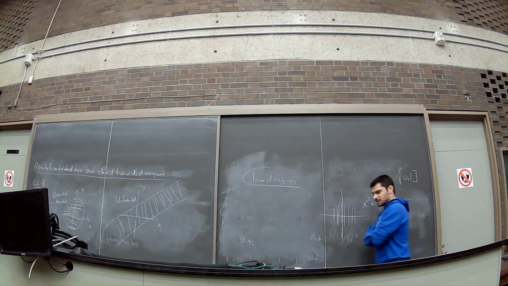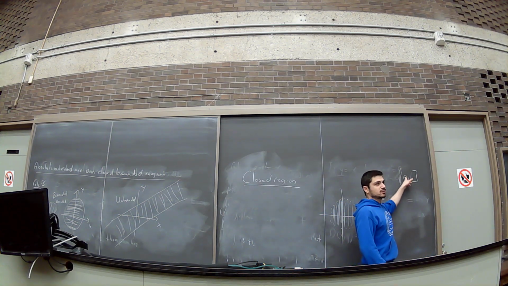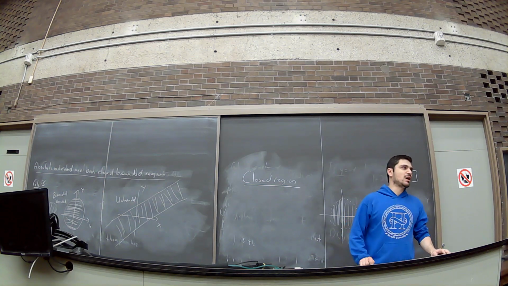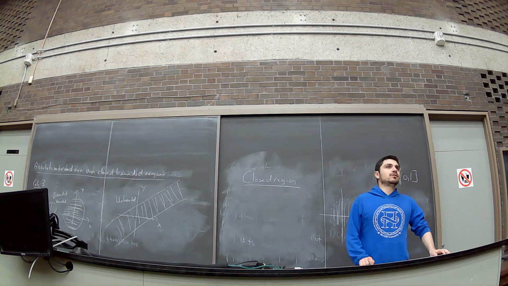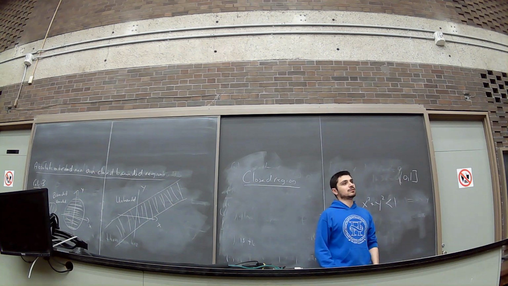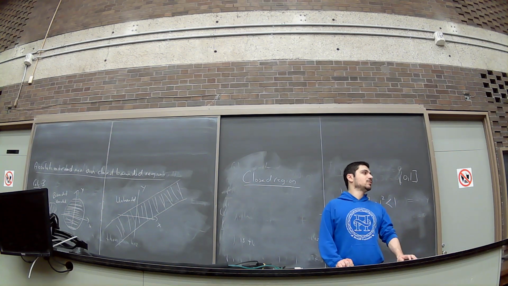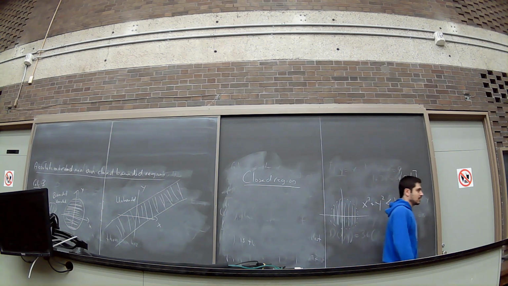Now, in this interval, can you get as close as you wish to 0? If I tell you I want to be 1 over 10 million close to 0, while staying in this interval, can you get there? Yeah. If I tell you I want to be 1 over 72 billion close to 0, can you get there? Now, can you get 0 close to 0? No, because 0 is not contained.